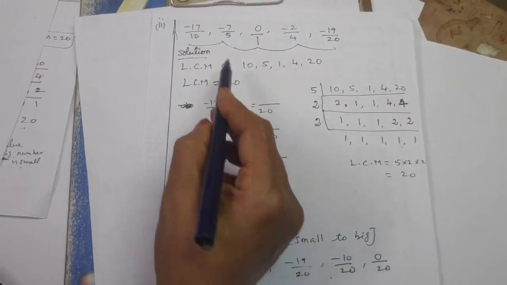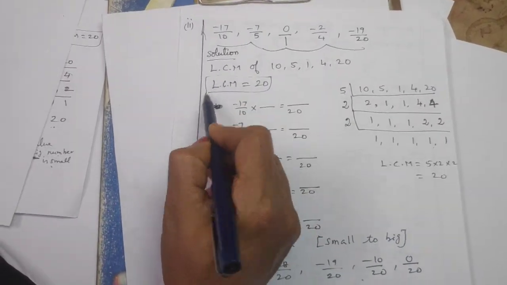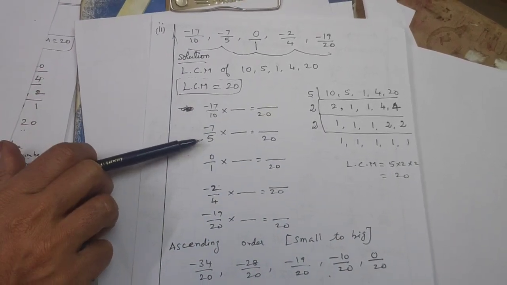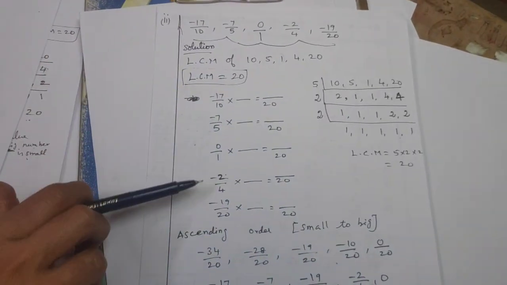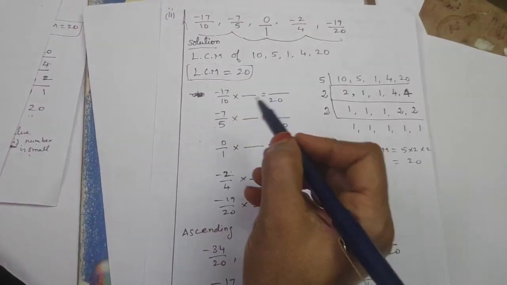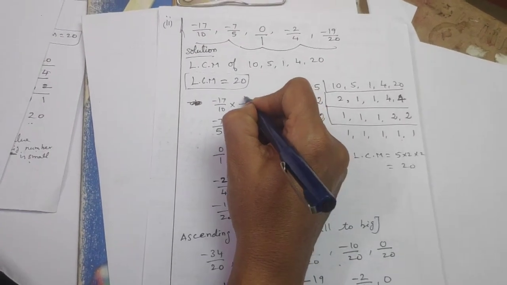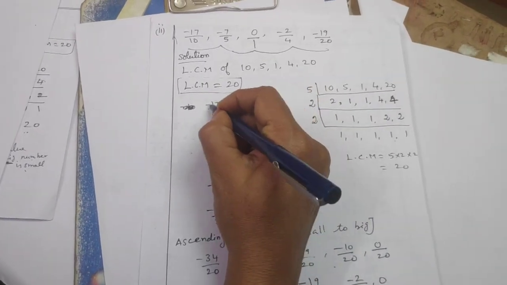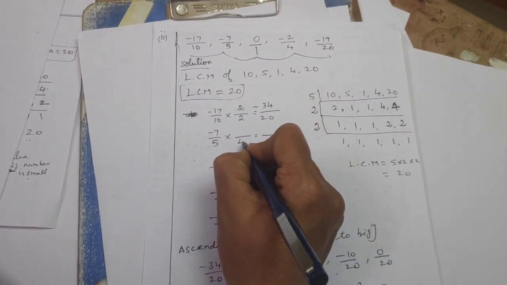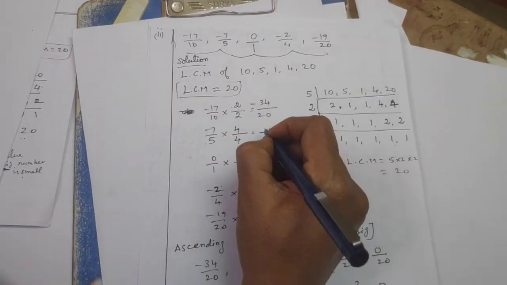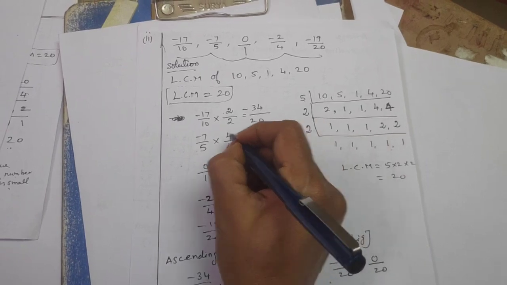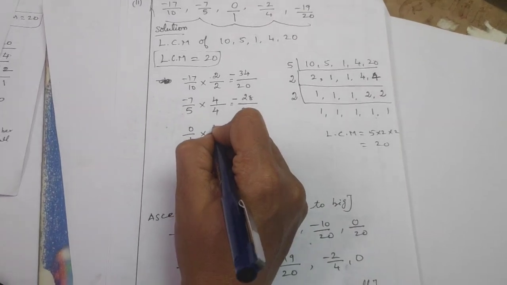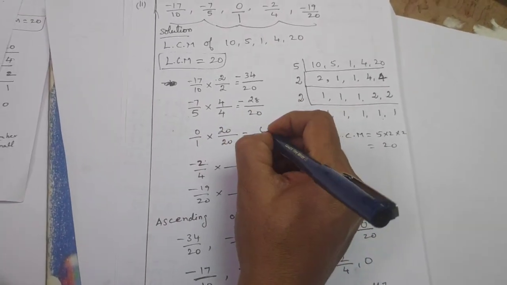Now the LCM is 20. Write the fractions: minus 17 by 10, minus 7 by 5, 0 by 1, minus 2 by 4, minus 19 by 20. 10 2s are 20, here you write 2. 17 2s are 34, minus symbol, minus into plus is minus. 5 4s are 20, there also write 4. 7 4s are 28, plus into minus is minus. 1 into 20 is 20, here also write 20, 0 into 20 is 0.